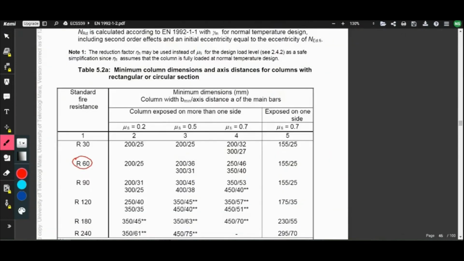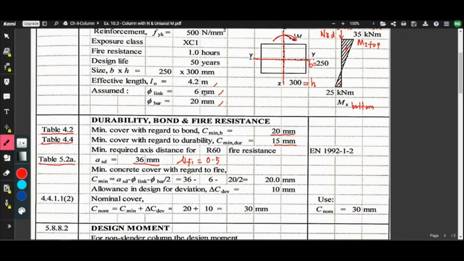So mu fi 0.5. Okay, 36, this is column width over axis distance a. So for column width 200, ASD is 36. This is the minimum b. Let's check our b. Our b is 250.